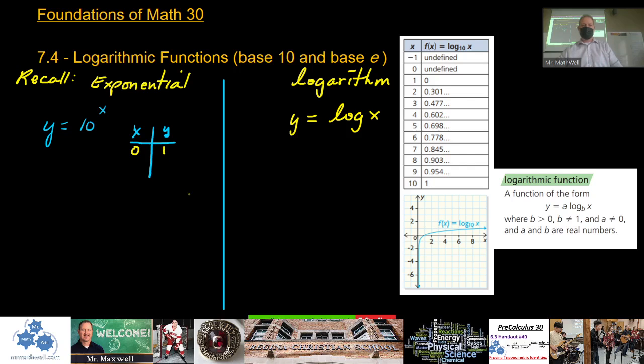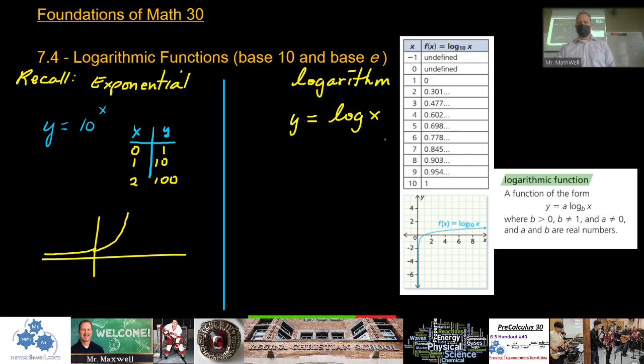That's 1. What's 10 to the power of 1? That's 10. 10 to the power of 2 is 100. And we can do negatives as well. We know this from our first chapter. This is what I've graphed here. This is an exponential.